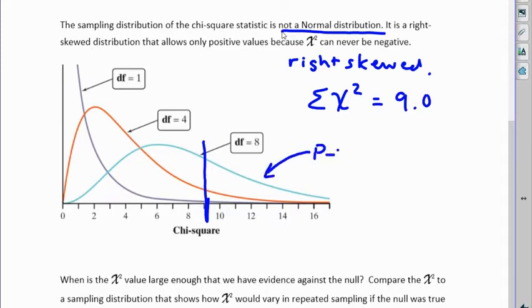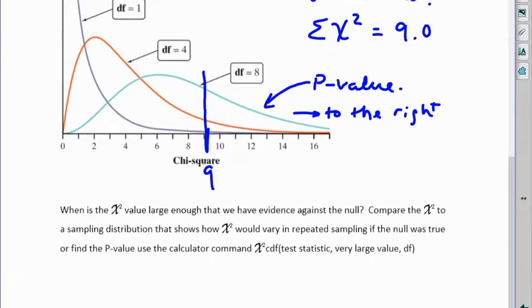My p-value would be the area under the curve to the right of wherever my chi-squared was.